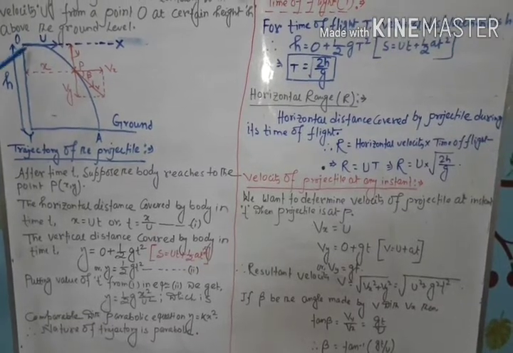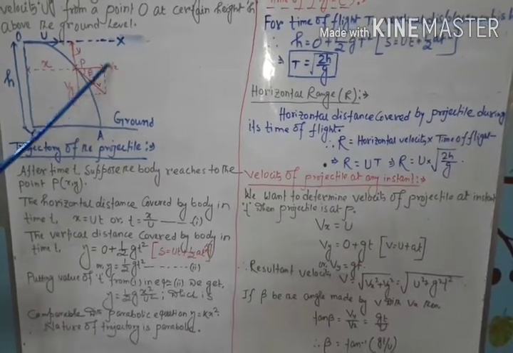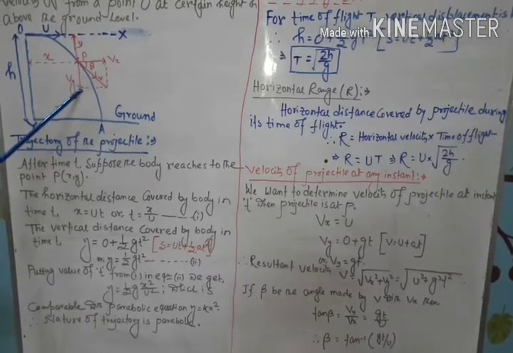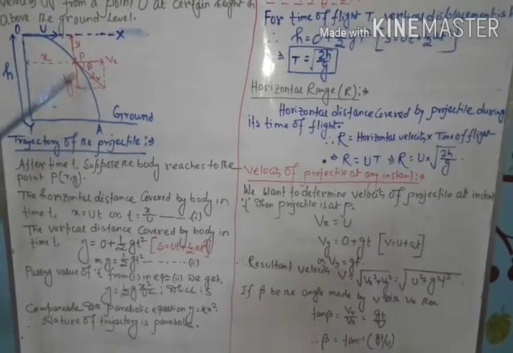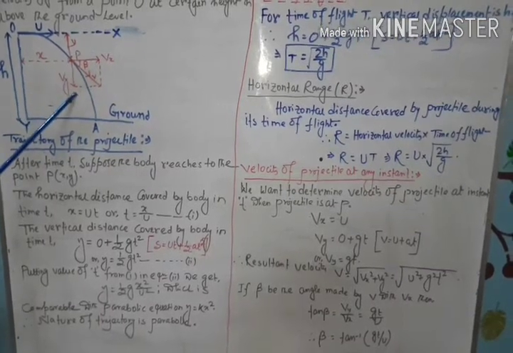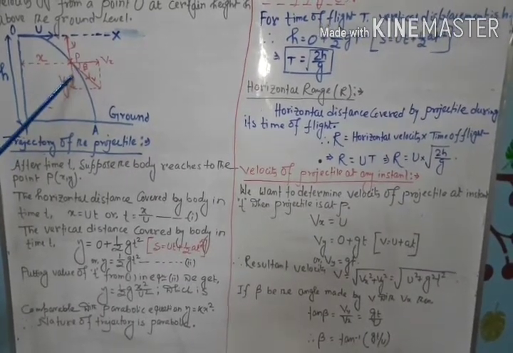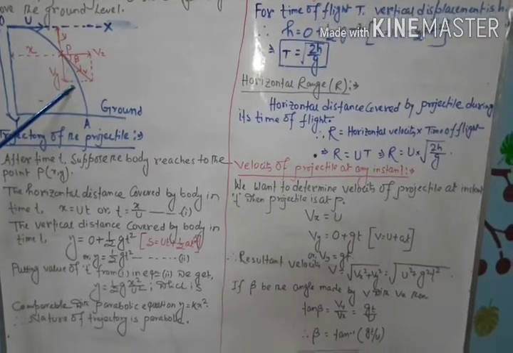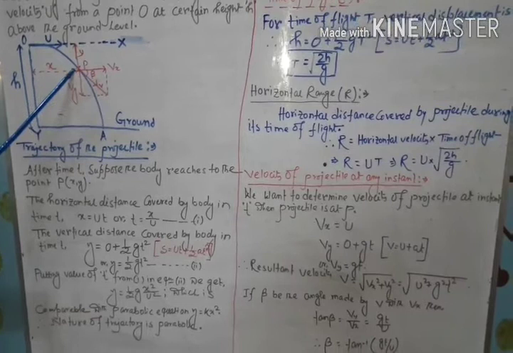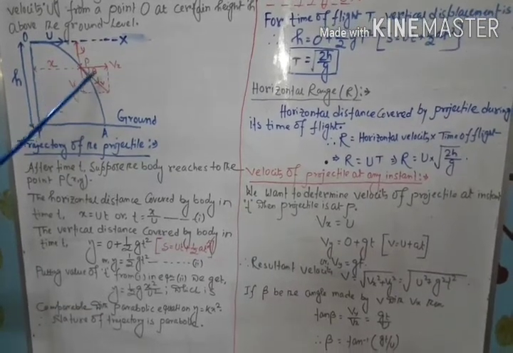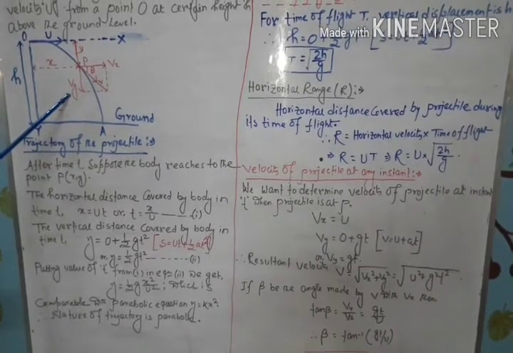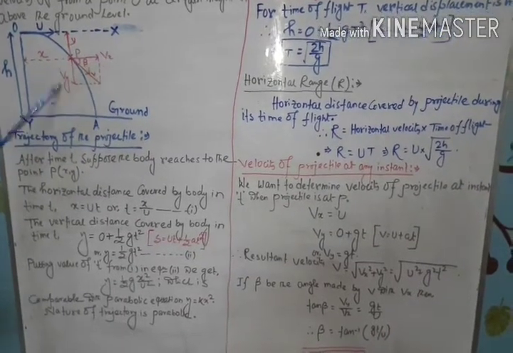One is along the horizontal direction, denoted by Vx, and another is along the vertical direction, denoted by Vy. Clear? Now see the diagram very carefully. Here Vx and Vy act at an angle of 90 degrees. So to determine the net velocity at the point P, we have to determine the resultant of Vx and Vy. First we have to determine Vx and Vy.